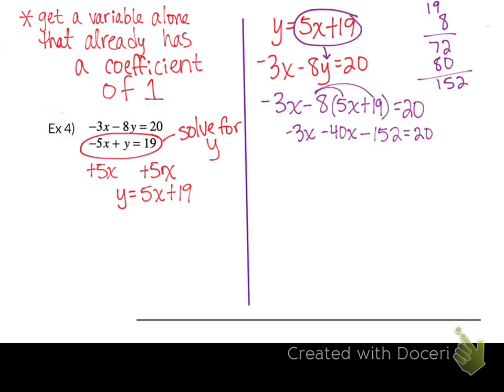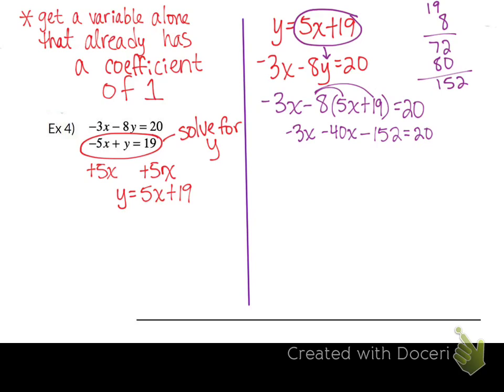To keep solving it, we should combine like terms. Negative 3x minus 40x. What does that give me? Liam?